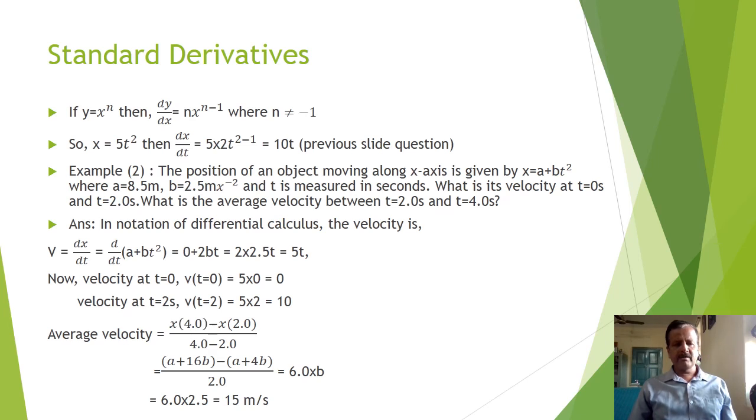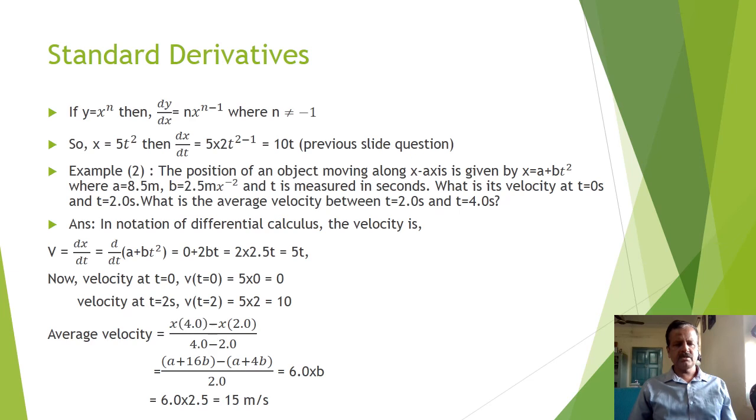So d by dt of a, a constant, differentiation of a constant becomes 0, plus differentiation of bt square. b is a constant coefficient, you keep it as it is. So t is raised to 2, so again n takes the value 2. So it becomes 2 into t raised to 2 minus 1, so it becomes 2t.